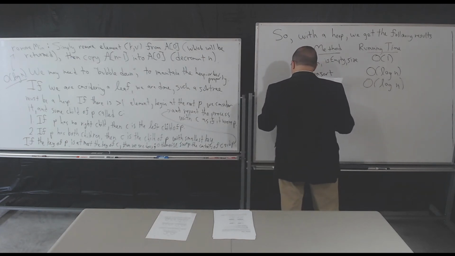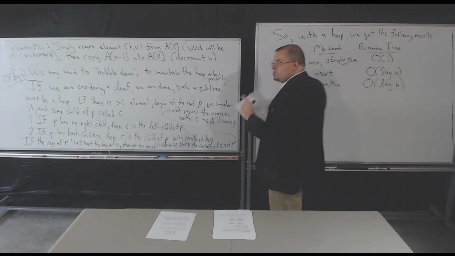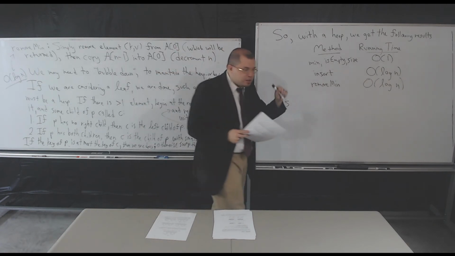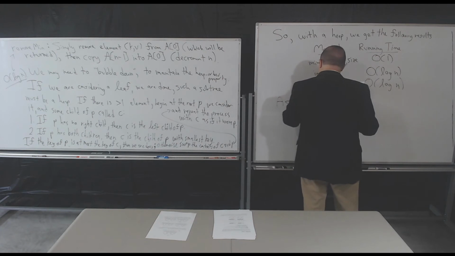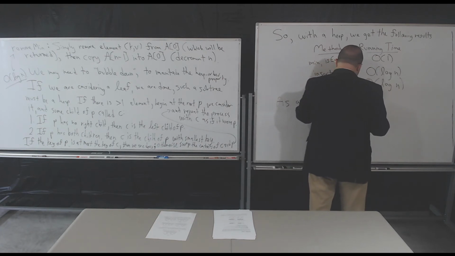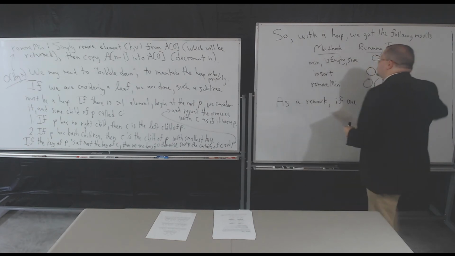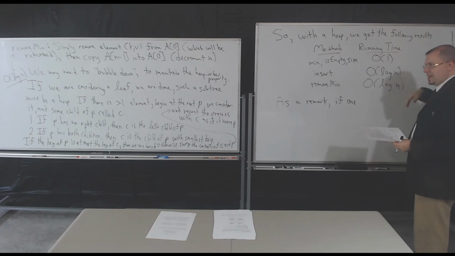But I should make a note here that these results actually hold when you implement it as a literal tree structure, using a linked tree structure. As a remark, as far as we're concerned, we'll always assume, unless otherwise stated, that the array is of sufficient size.